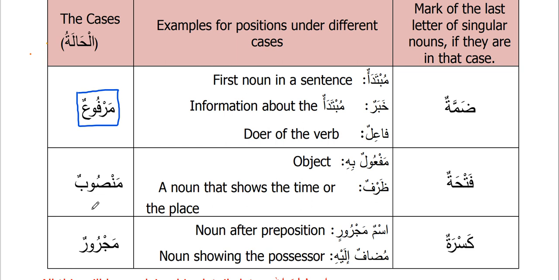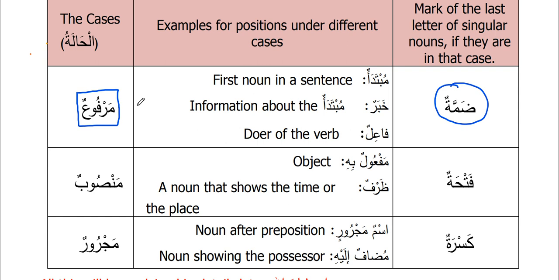In lesson 4, we will do Mansub, and in lesson 5, we will do Majroor. So here we are only touching the Marfu case, that is the first case, and this case is recognized by Dhamma. A noun which gets the Dhamma is said to be in Marfu case.